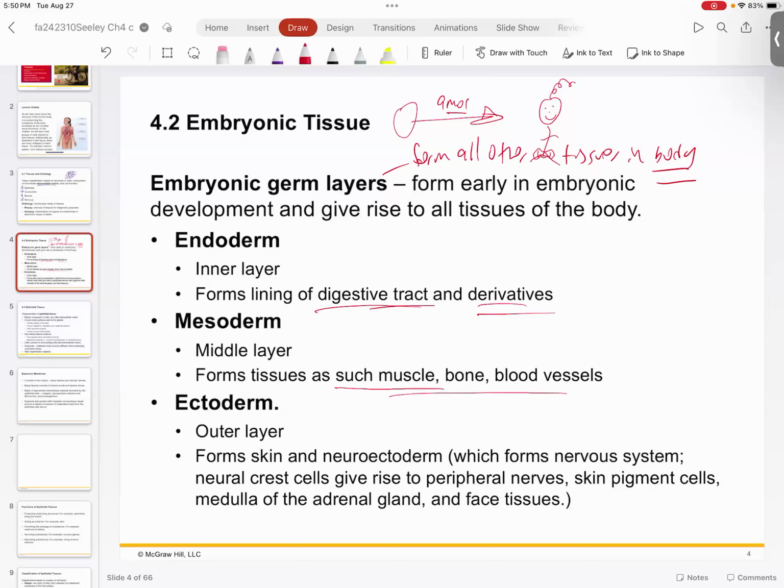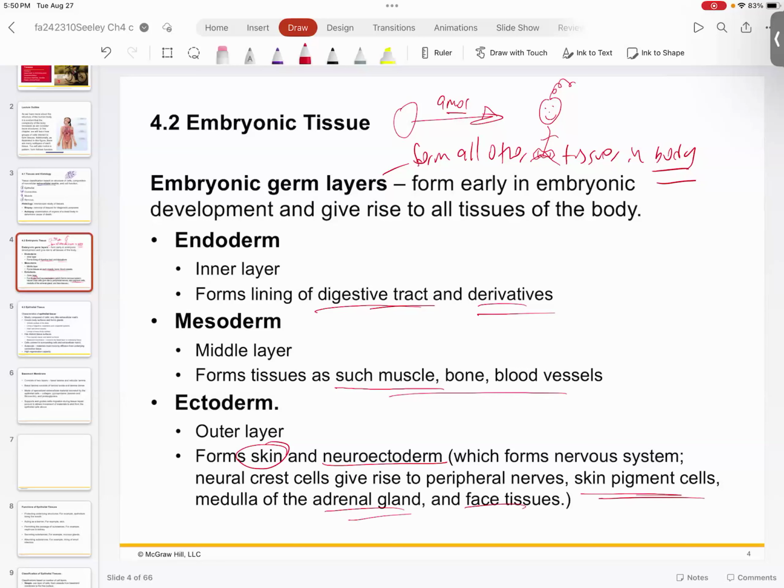The ectoderm, which is the outer part, will form the skin, and the neuroectoderm, which basically becomes the nervous system, so the crest cells, which will move around, and there's a lot going on with the formation of your spinal cord. Skin pigment cells, adrenal glands, face tissues, things like that. So these will all add their piece. They'll all grow up to add pieces to that.